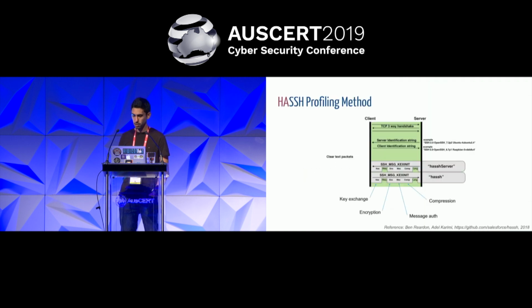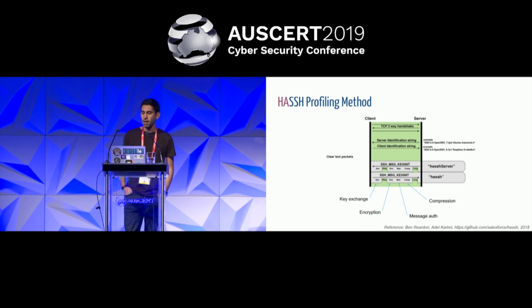We actually started working on this several months ago. It was late 2018. Ben Reardon and I started working on this and had an initial composition, and tested it on our honeypots and different scenarios, and removed some parameters from the final composition because they were a bit dynamic. We couldn't use those for fingerprinting.